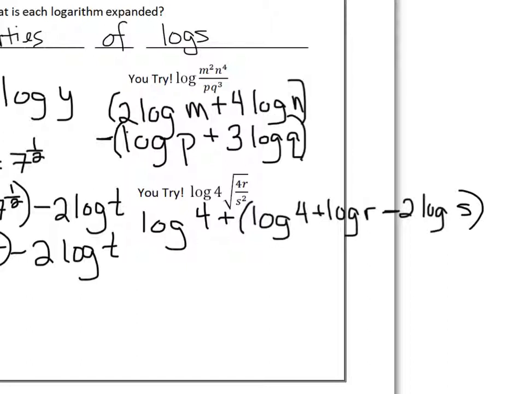And all of that is inside the 1/2. Well, that 1/2 of an exponent needs to come out to the front. So we're going to have log 4 plus 1/2 times all of this.